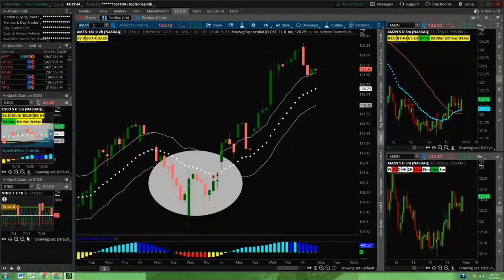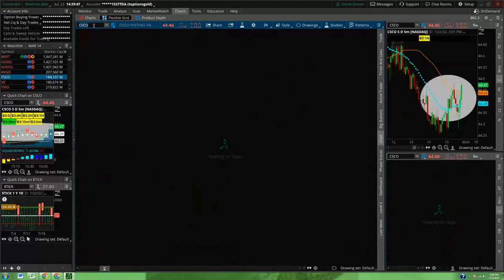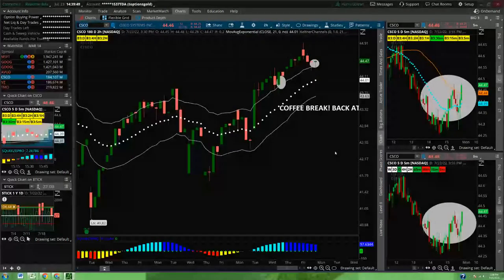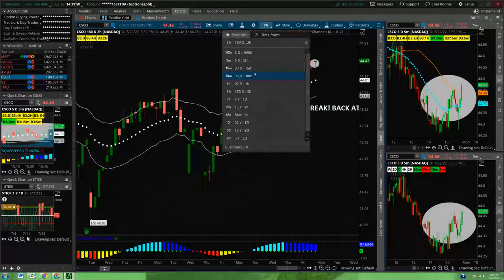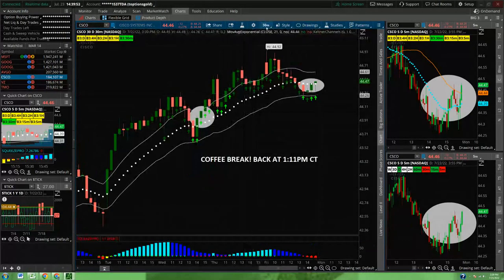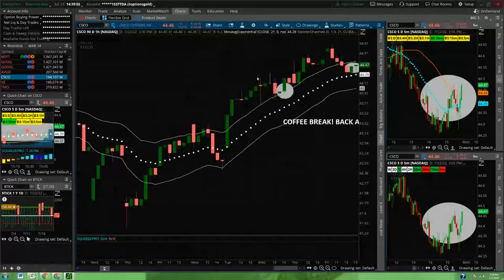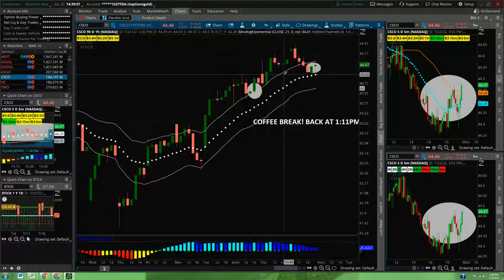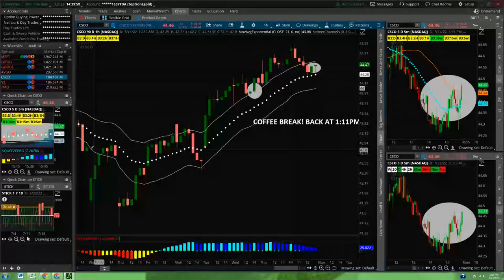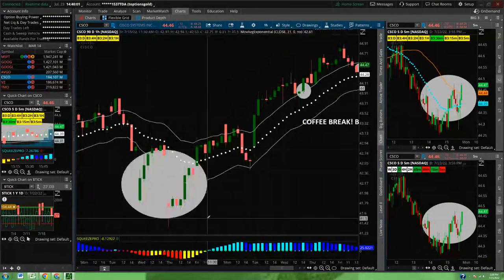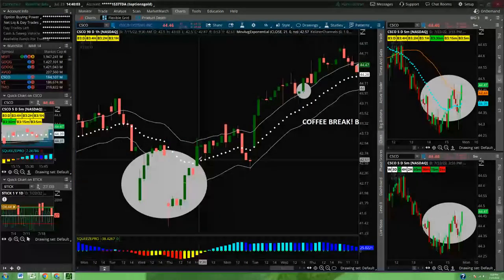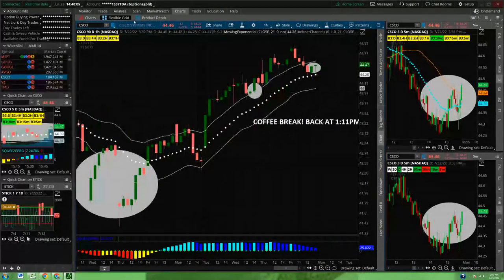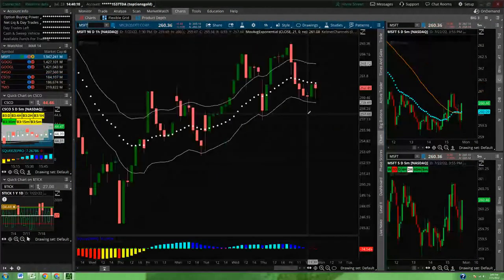So let's look through a few names here, like Cisco. 30-minute buy signal, so of course, the 30-minute chart lines up. The hourly has some structure to it. Hourly chart looks like this, no 30-minute buy signal. Another example, Microsoft.